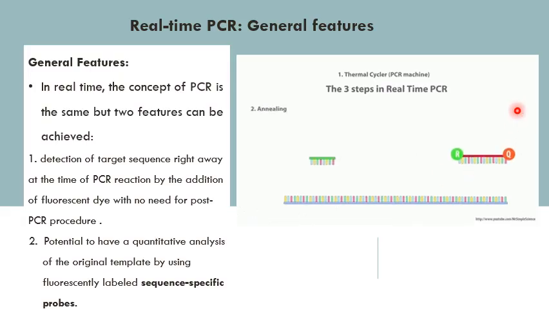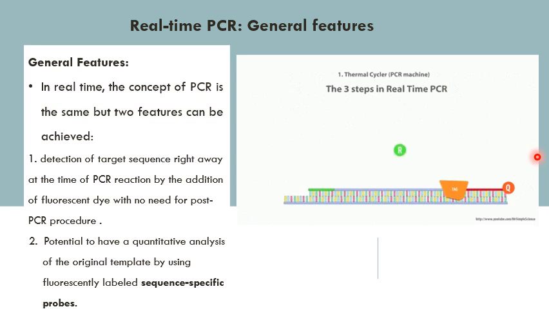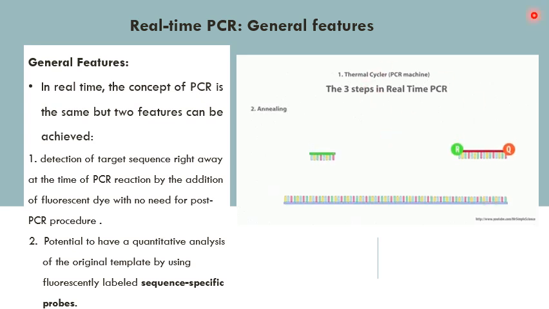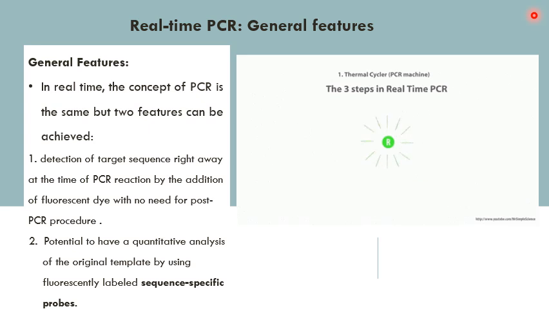The concept is the same as the traditional one, except that the detection of the target sequence will be reported at the same time. It's not like the traditional one, where you just perform your PCR and then wait until you detect it on the gel electrophoresis.